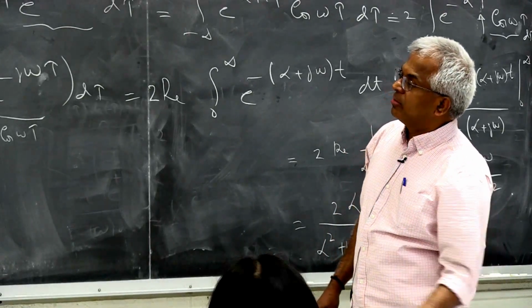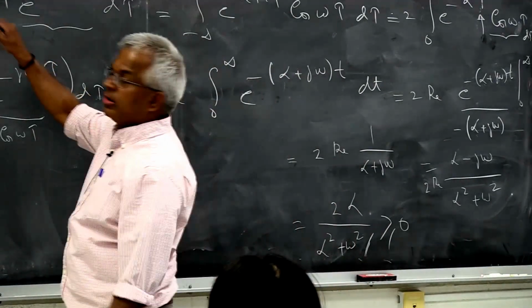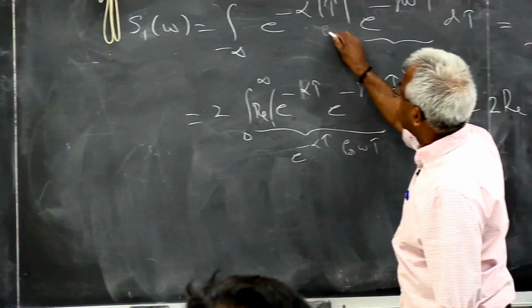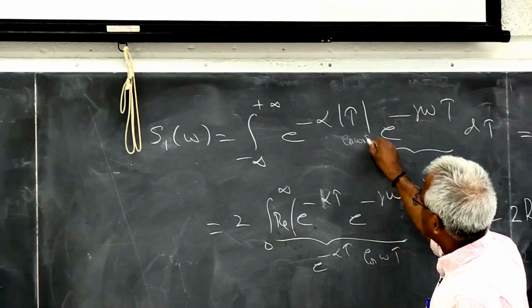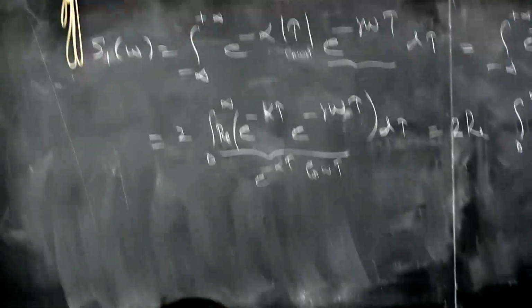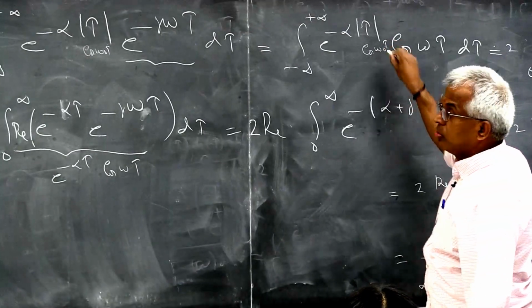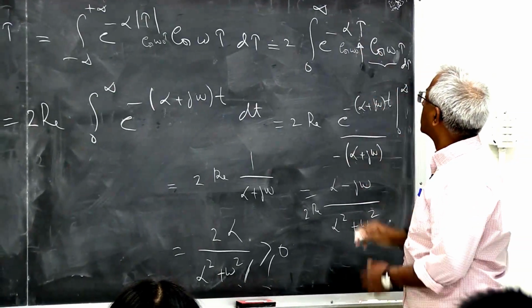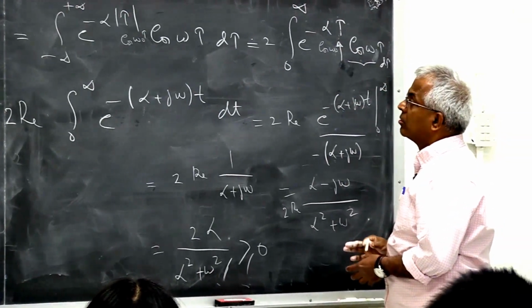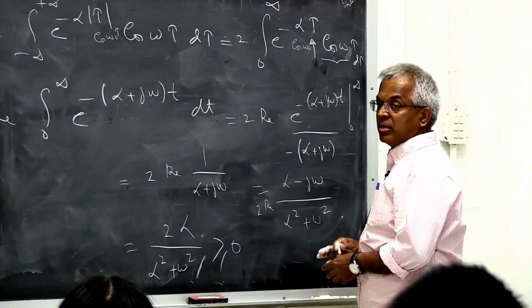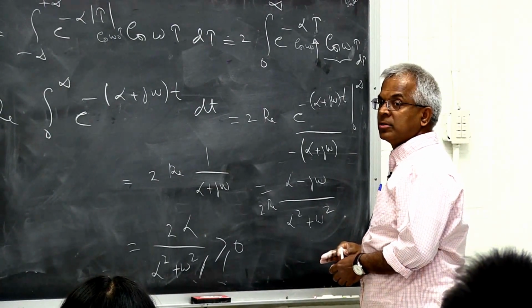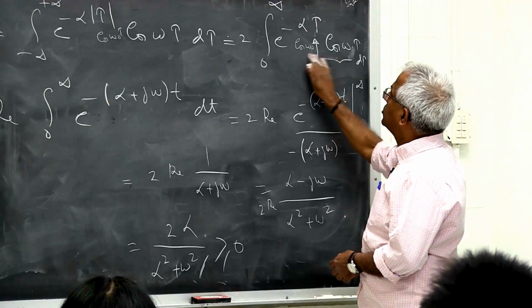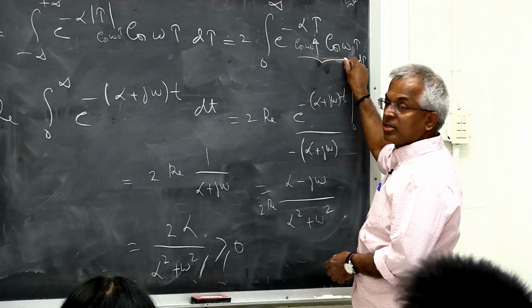The second one is equally easy. Let me take cosine omega naught tau, right? All this goes through. Then you have a little bit of a job to do, because this is not the real part of something.